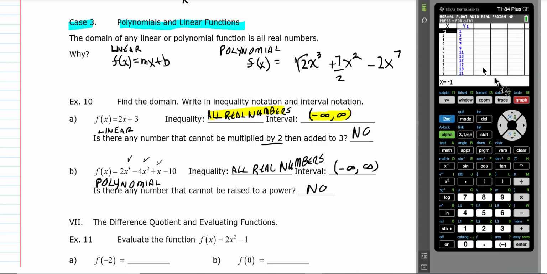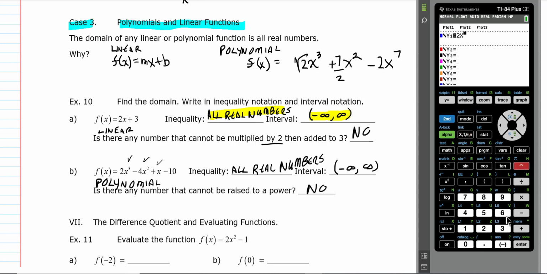The table of values, you'll always have a value for y. You won't have any errors. If you graph the polynomial, you have 2x to the third, and then we have minus 4x to the second, and then plus x, and minus 10.